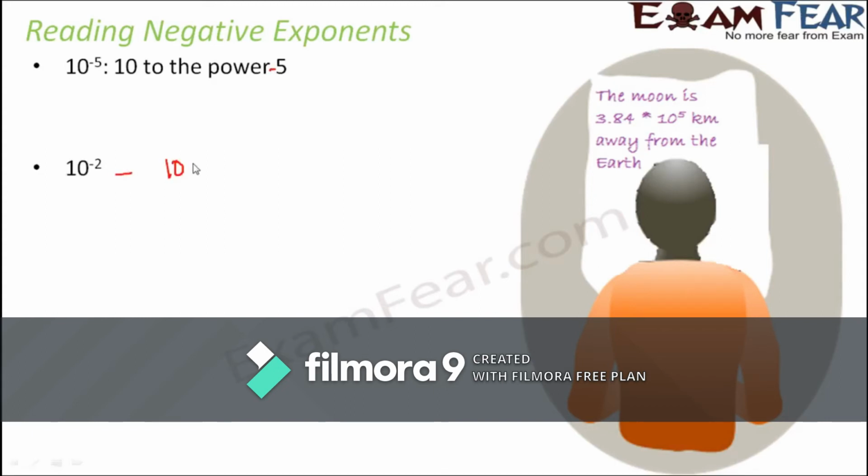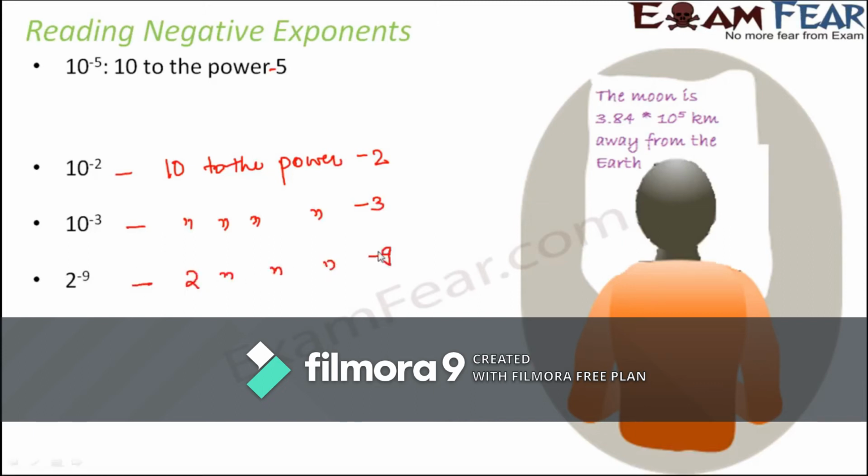Yes, this is 10 to the power minus 2, or you can read it as 10 raised to the power minus 2. How will you read this? This is definitely 10 to the power minus 3. What is this? 2 to the power minus 9. This is minus 15 raised to the power minus 4.